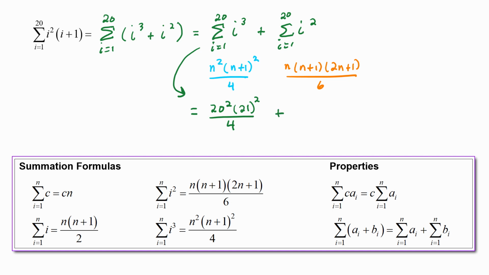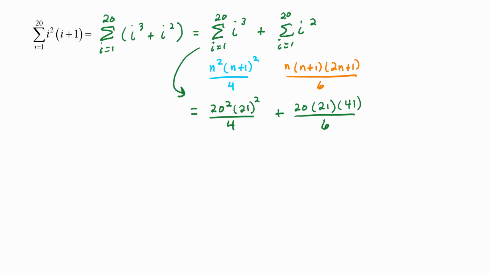For this second summation over i squared, we will have to take n, which is 20, times n plus 1, 21, times 2n plus 1, 41, and divide that by 6. Then we just need to pick up our calculators and do this calculation. So why don't you pause the video now and try this calculation on your own, then play the video again once you're ready to check your answer.